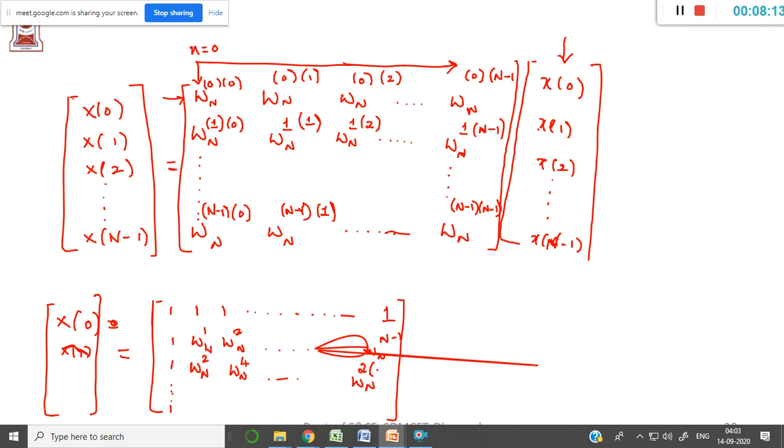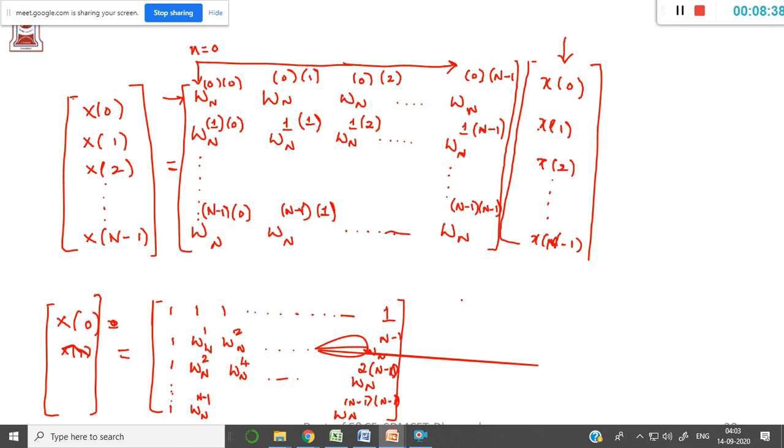K value is always constant, 2 it is, the last value is n minus 1, right? What will be the last sequence here? Wn to the power of, k value is n minus 1, right? And similarly, if I go on calculating, the last value is n minus 1 and the k value is also n minus 1.